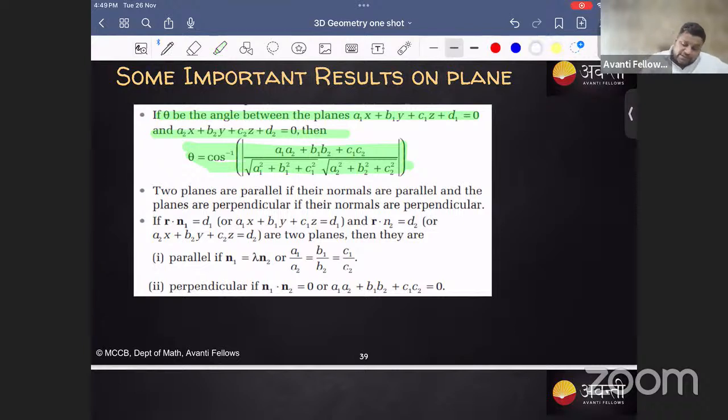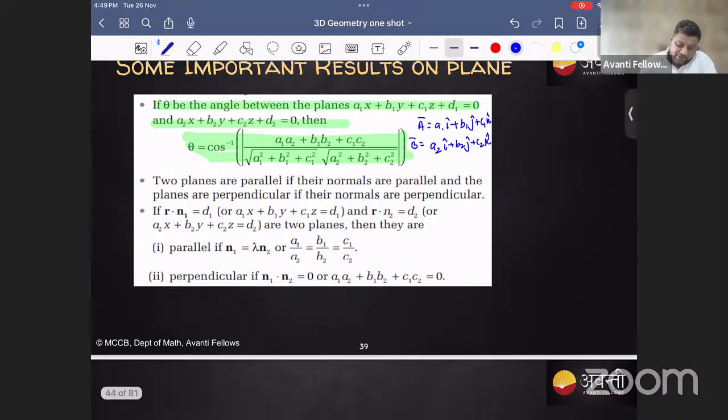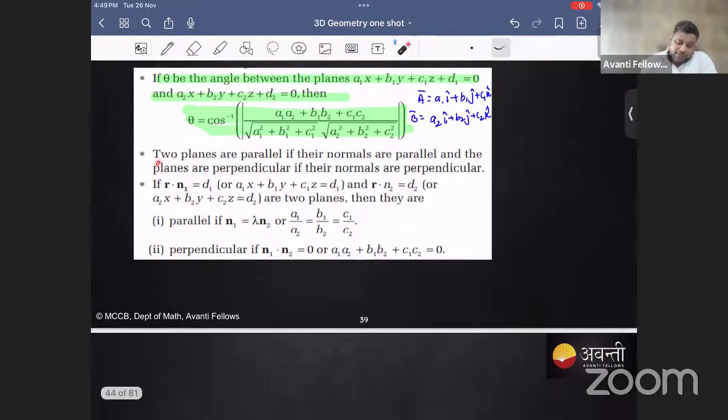This is basically the angle between A vector, that is A1 i cap plus B1 j cap plus C1 k cap, and B vector, that is A2 i cap plus B2 j cap plus C2 k cap. Got it? Now, two planes are parallel if their normals are parallel, and the planes are perpendicular if their normals are perpendicular.